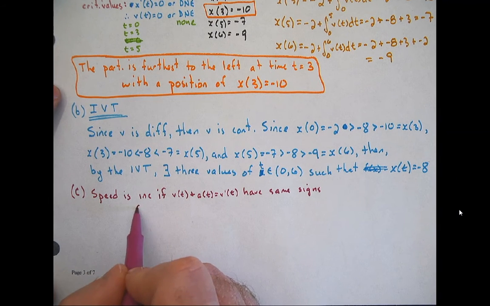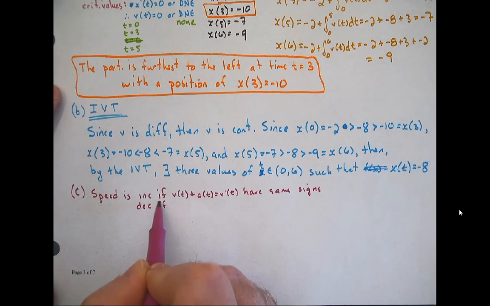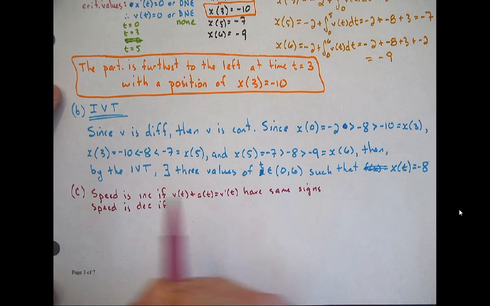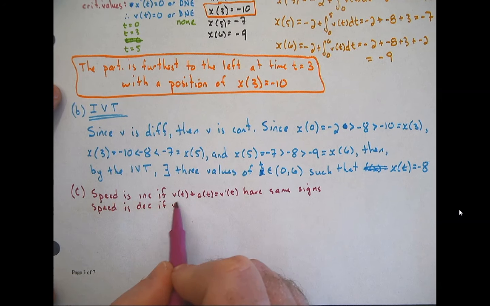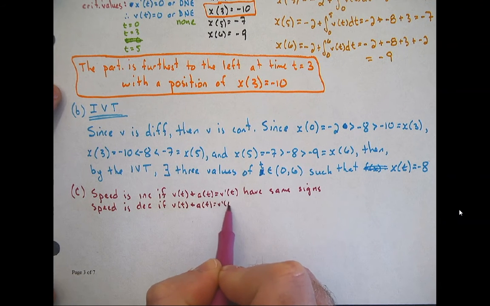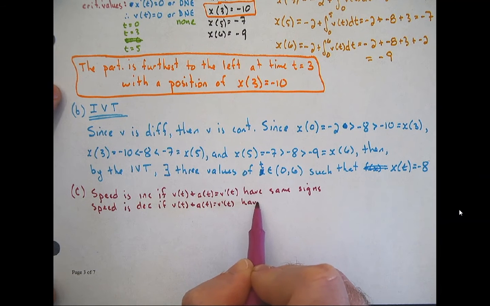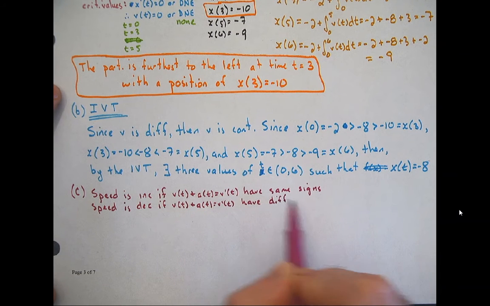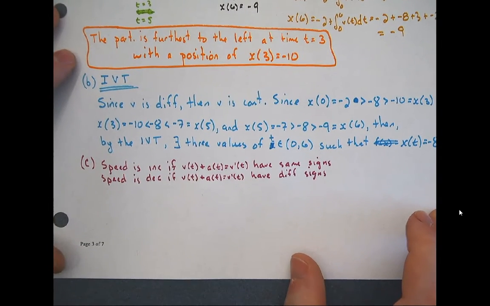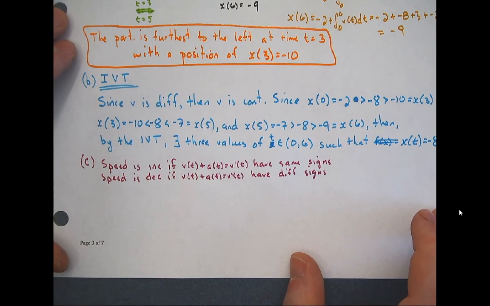And then decreasing if v of t and a of t, which equals v prime of t, have different signs. I don't know if you'd have to write all that up. As long as you made a good argument, you'd be good to go.